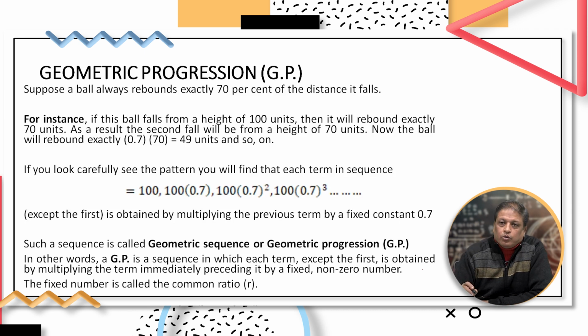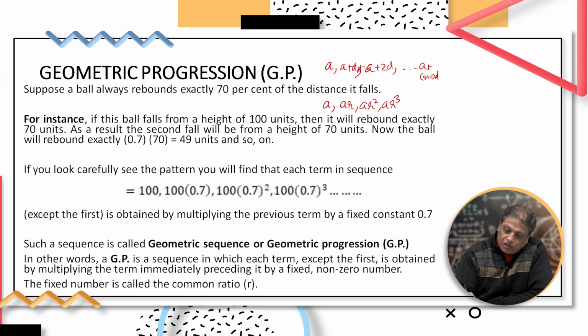Next, we are going to understand the concept of geometric progression. The fundamental difference between arithmetic progression and geometric progression is that in arithmetic progression, we have the terms a, a plus d, a plus 2d, and so on, a plus n minus 1 d. But in geometric progression, we have terms like a, ar, ar square, ar cube.